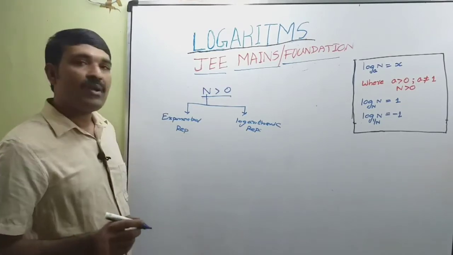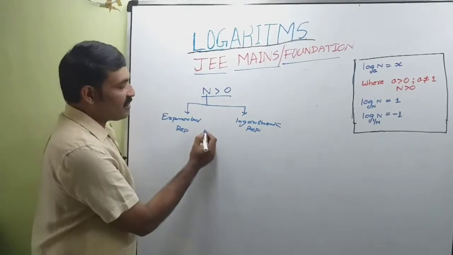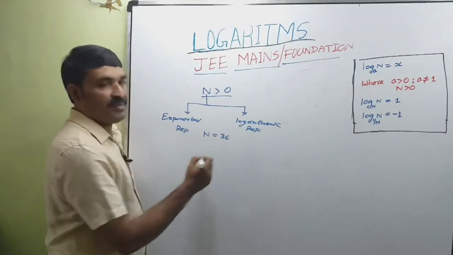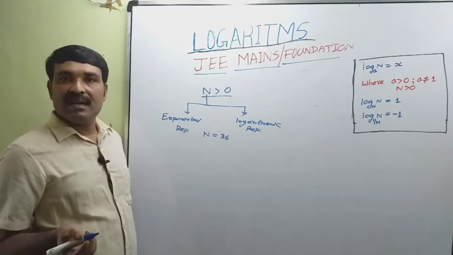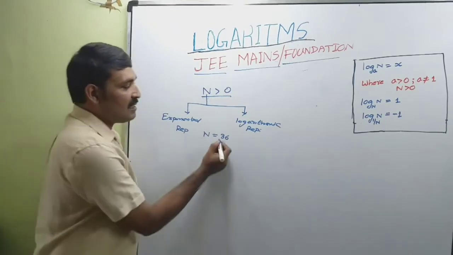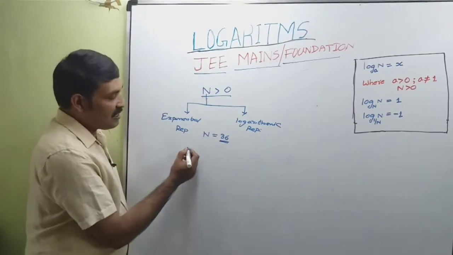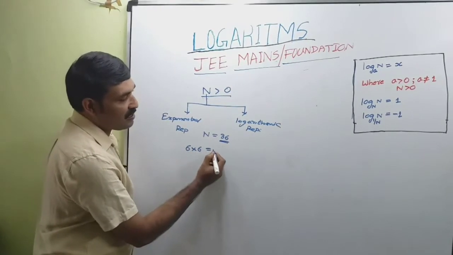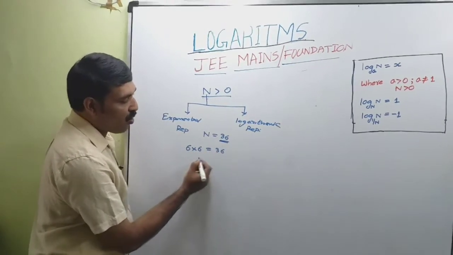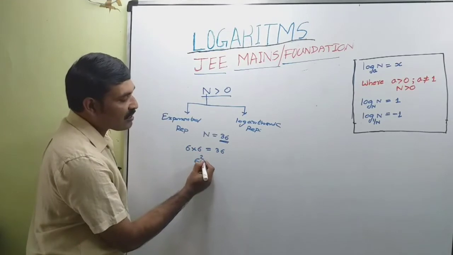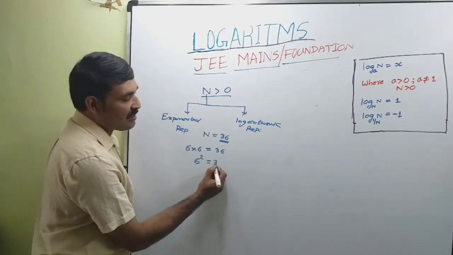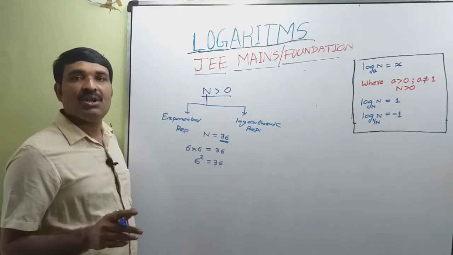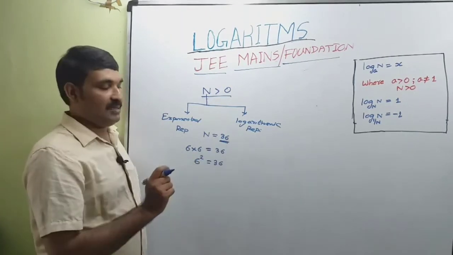For example, let n is equal to 36, a positive real number. I can represent this 36 as 6 into 6, that is equal to 36, or 6 square is equal to 36. This is the exponential representation of the number 36.